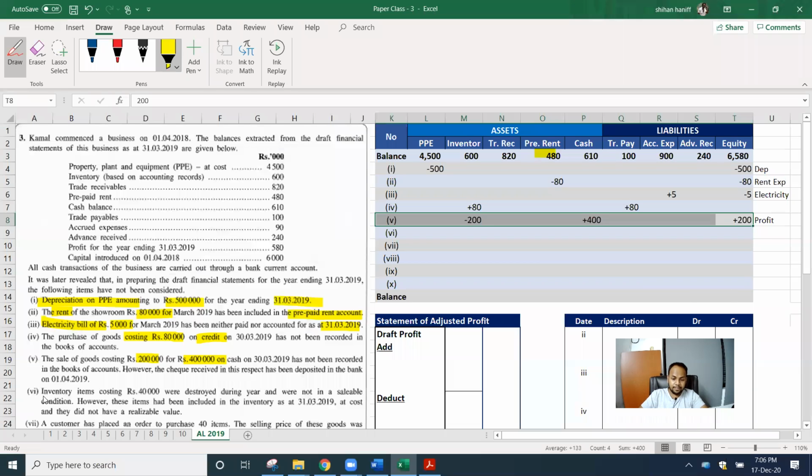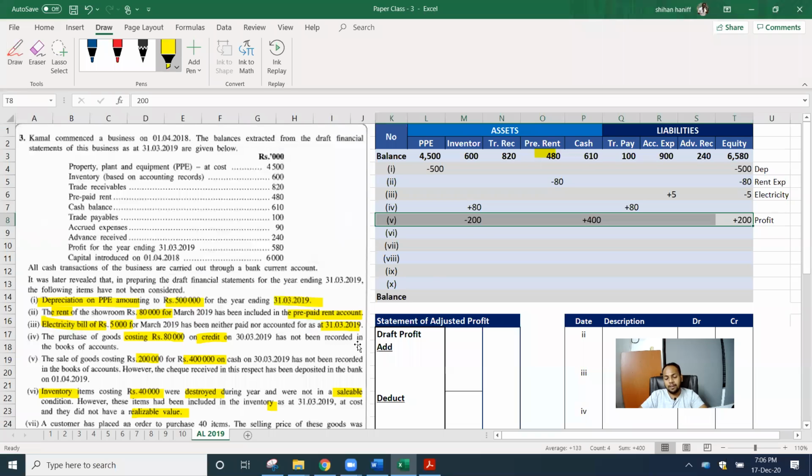Number six. Inventory items costing 40,000 were destroyed during the year and were not in a saleable condition. However, these items have been included in the inventory cost and they did not have a realizable value.